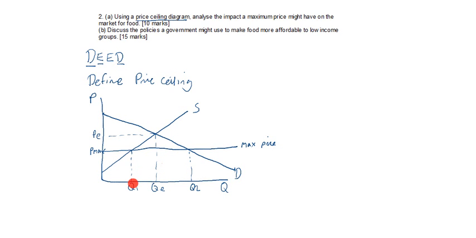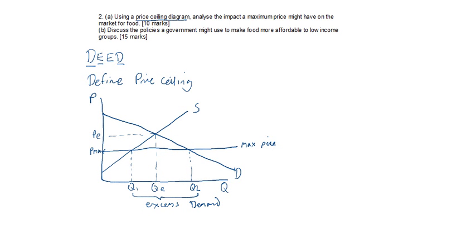That means the quantity supplied is going to be at Q1. At the same time, because of this lower price, it means that more is demanded now. So Q2 is now demanded. This means that we now have this quantity that represents excess demand.